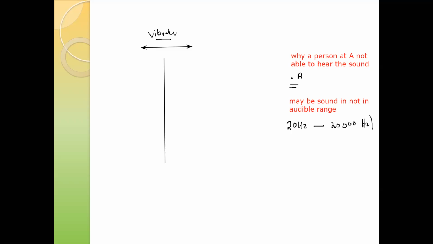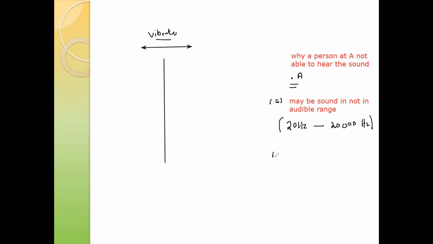Any sound which is produced within this frequency range, we are able to detect. But if a sound is less than 20 hertz or more than 20,000 hertz, we are not able to hear that sound. So maybe the person at position A is not able to hear the sound because it's not in audible range. That might be one reason.